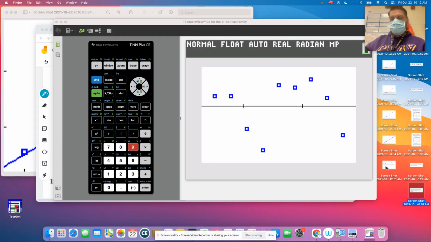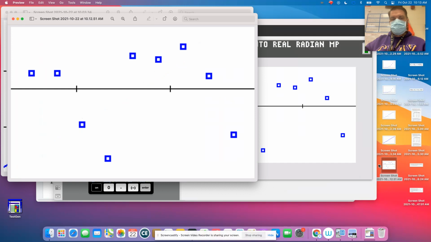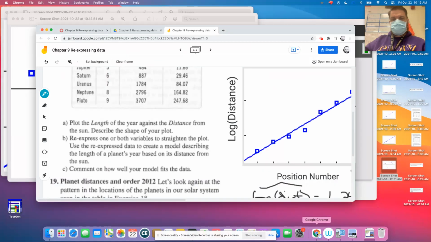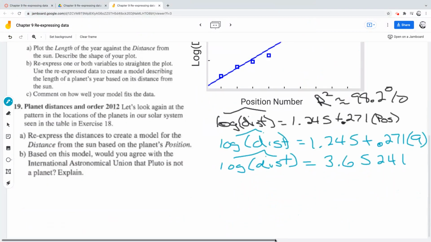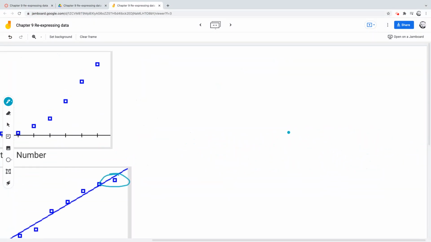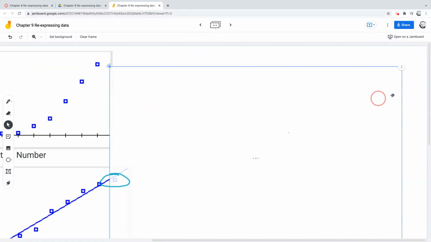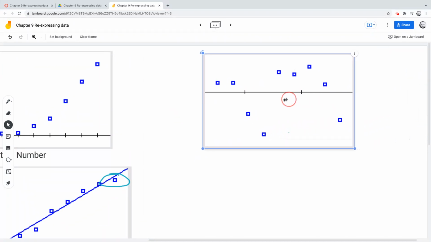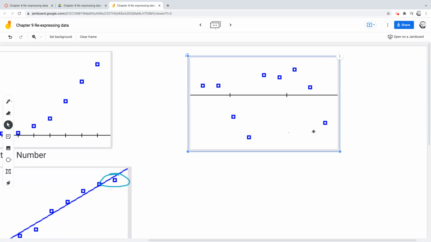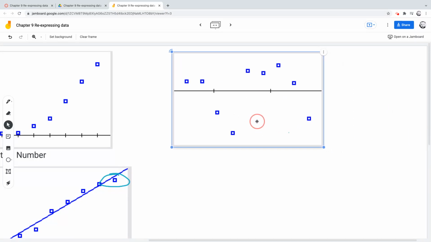Oh, we lost it. So that's the residual plot versus the predicted.